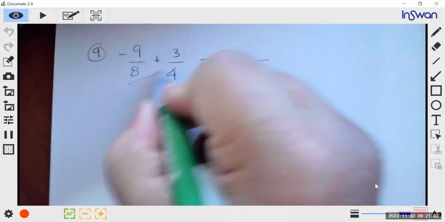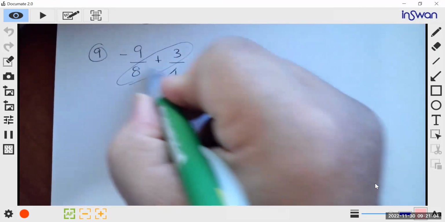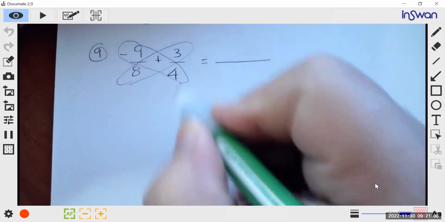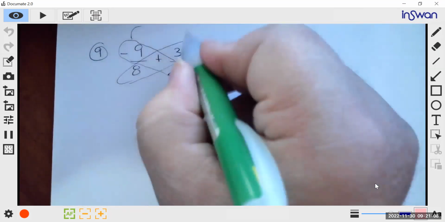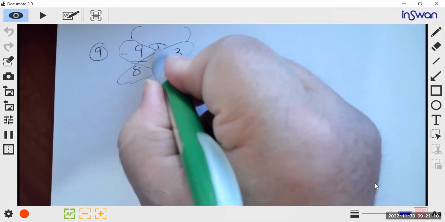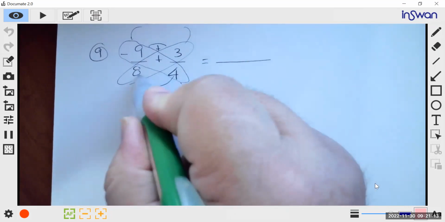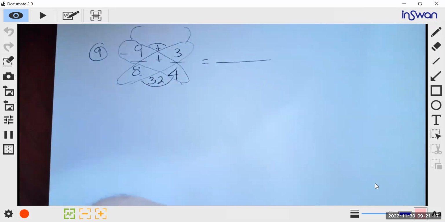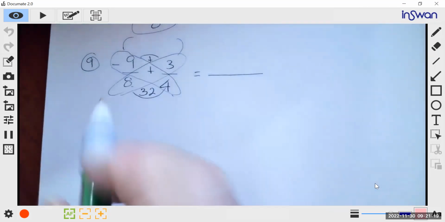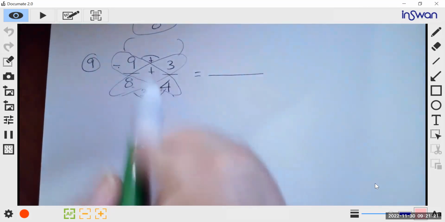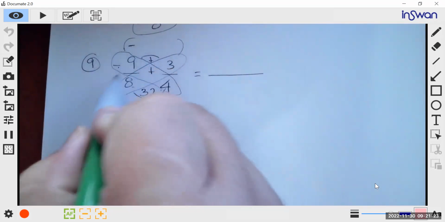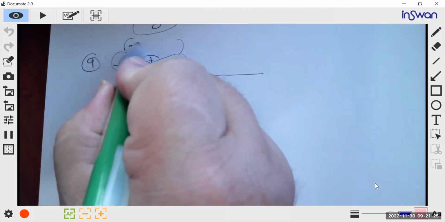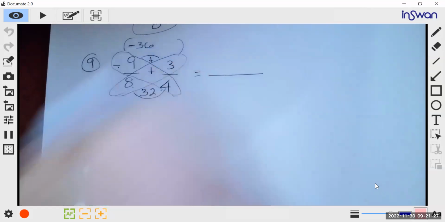I like to use the butterfly, so I'm going to use the butterfly. That's a plus. 8 times 4 is 32. Negative times positive is negative. The 9 and 4, 9 times 4, 36.